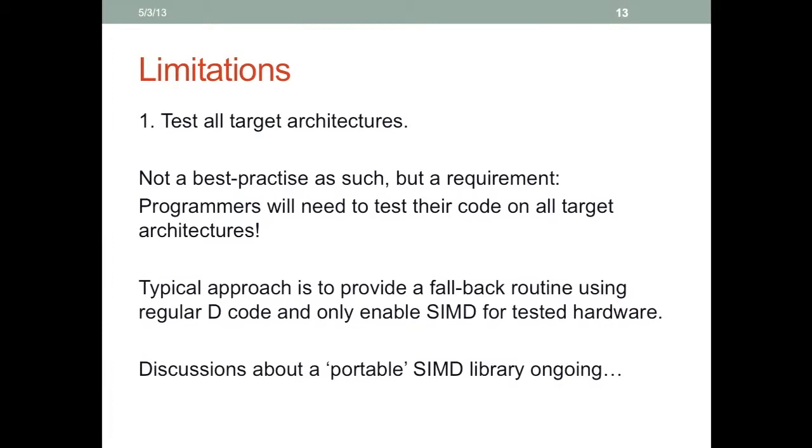The typical approach here is to provide fallback code that will be used in lieu of actual tested support. So if you can't build and run your code on a particular target machine, you probably shouldn't run your SIMD routine, even if it might compile. Instead, use the D code until you can test it. You will probably have problems otherwise. There have been discussions about this portable SIMD library that I just alluded to, but they're ongoing. We'll get there once this is settled, I think.